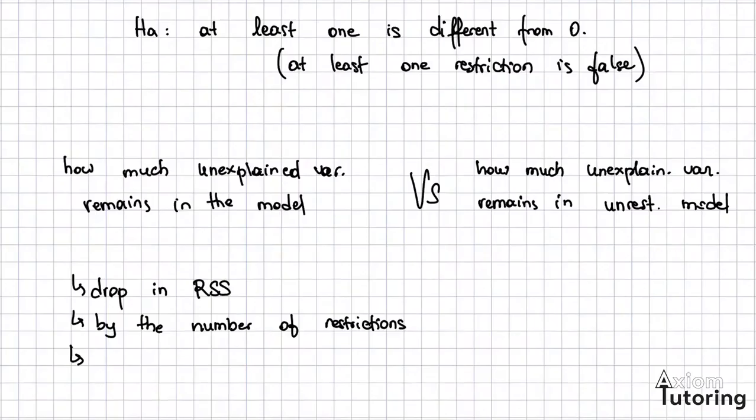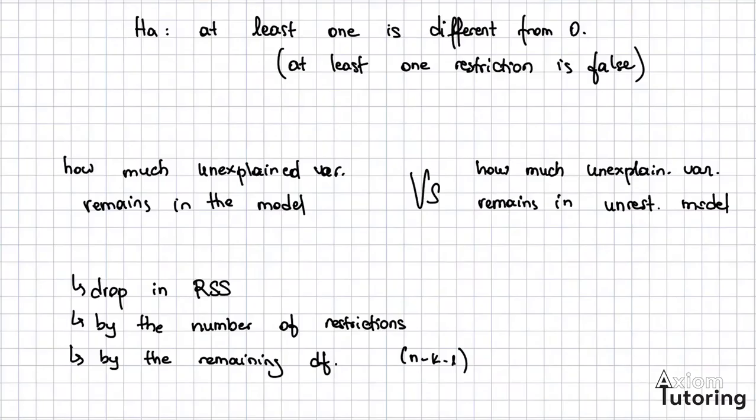The other thing by which it scales this drop in the RSS is the remaining degrees of freedom, which we calculate as n minus k minus 1, and which are also going to change. You've already seen the logic of how these elements link together in the previous exercises. Just because now you're doing model comparison, you're still using the F statistic, and the rules for your decision are still the same.